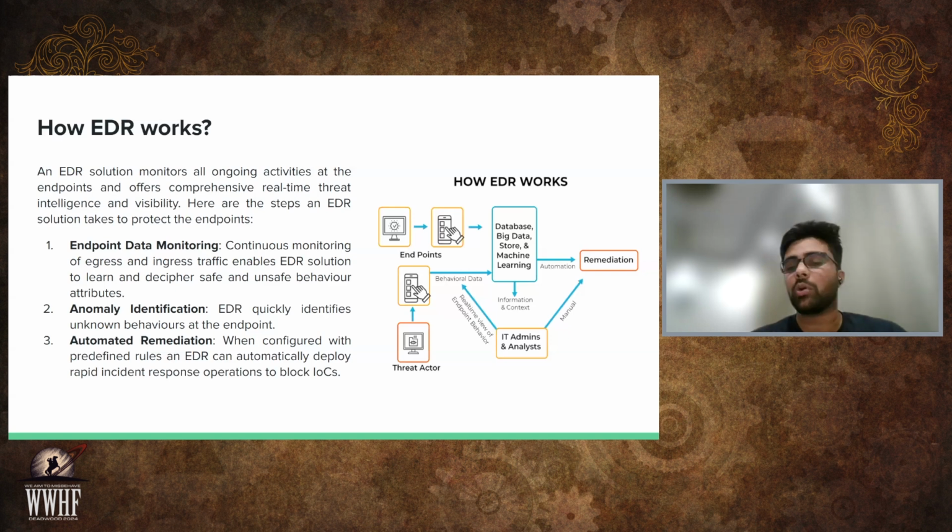EDRs also actively employ machine learning and artificial intelligence techniques to identify anomalies within the system, here defined as anomalies that are not triggered by our standard signature-based detections. And EDR, if triggered correctly, can also block certain IOCs from execution.